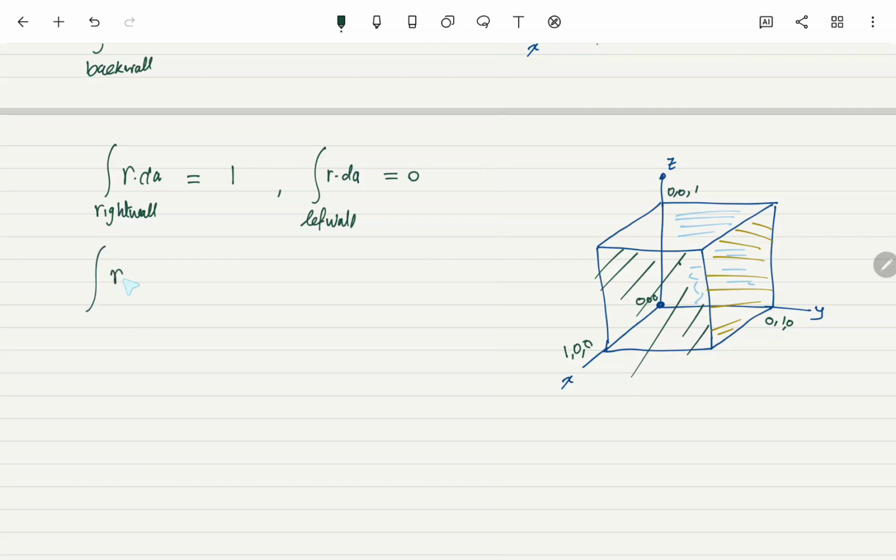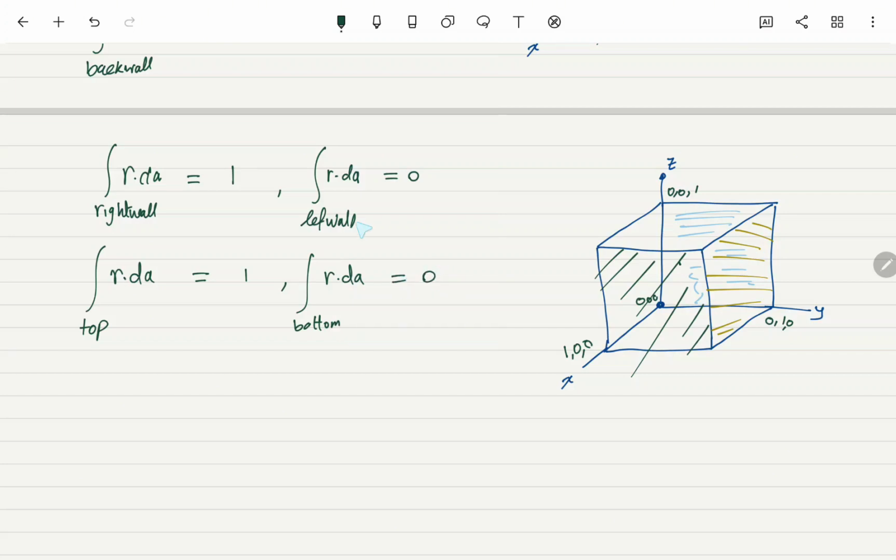The integration of r dot d area for the top wall is equal to 1, and for the bottom wall it's equal to 0.